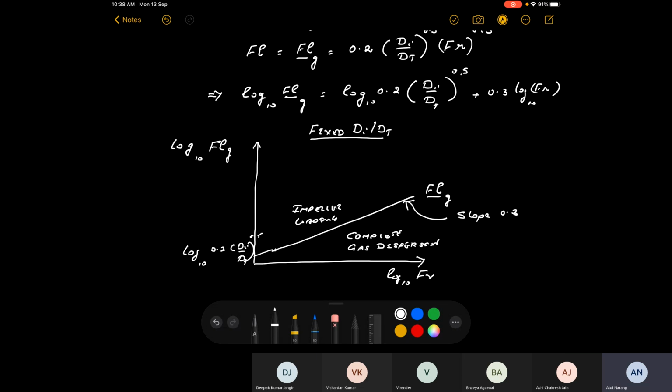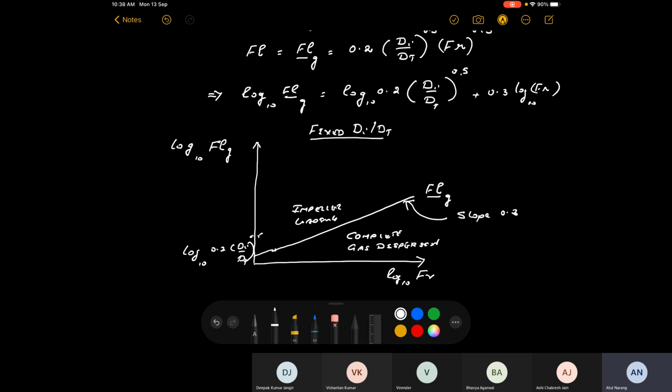Now the next thing gives us the equation for the transition between impeller flooding and impeller loading. So far we have the transition between impeller loading and complete gas dispersion.